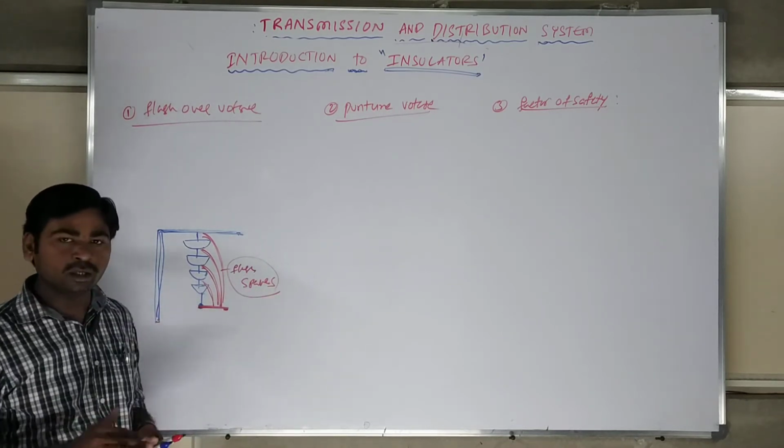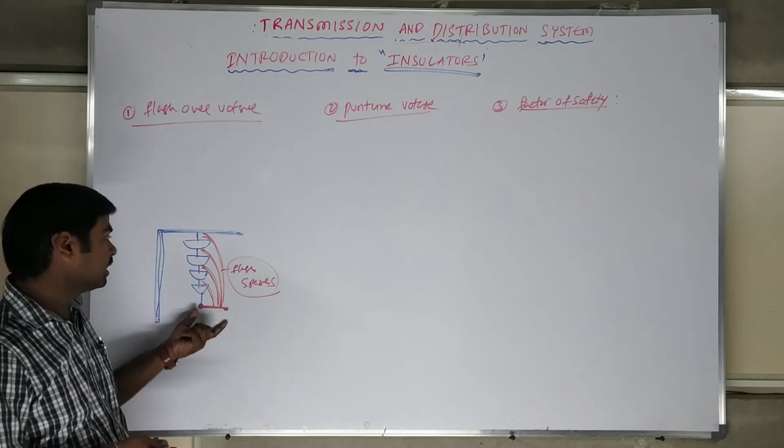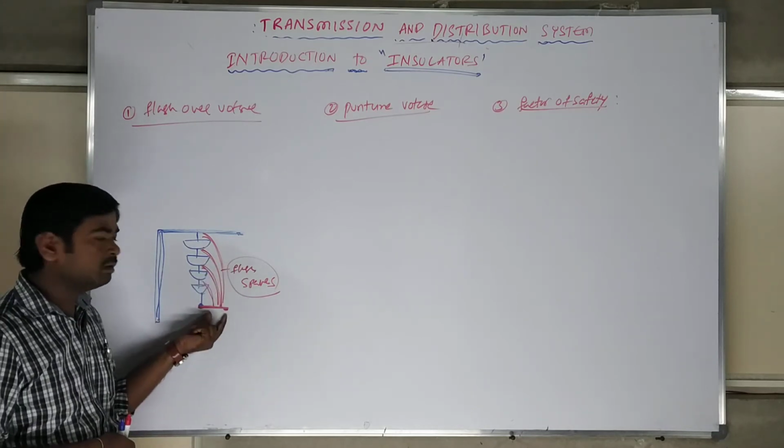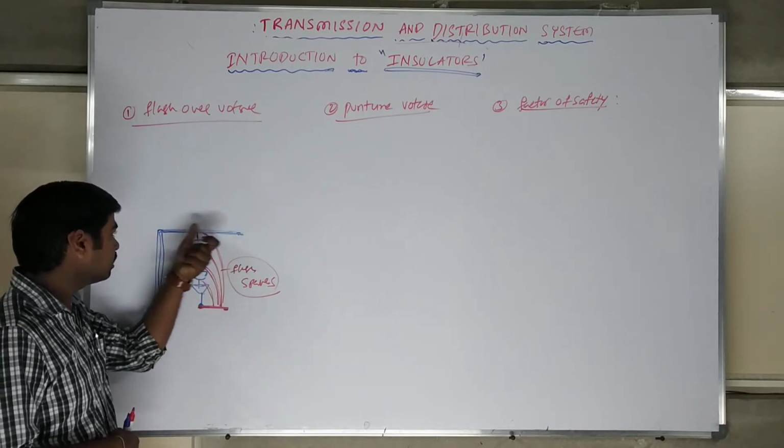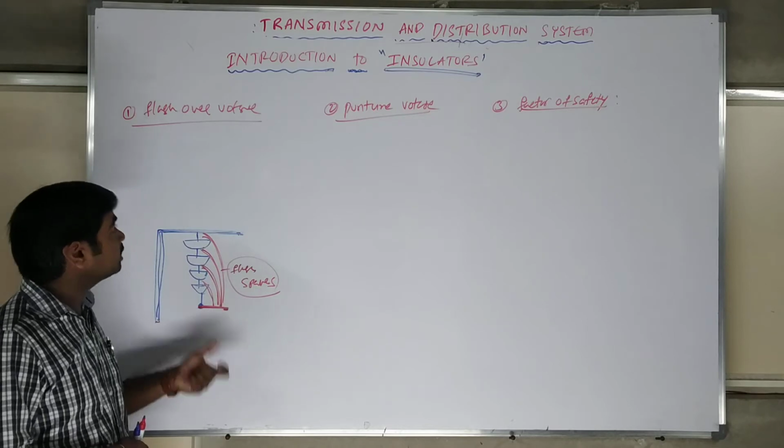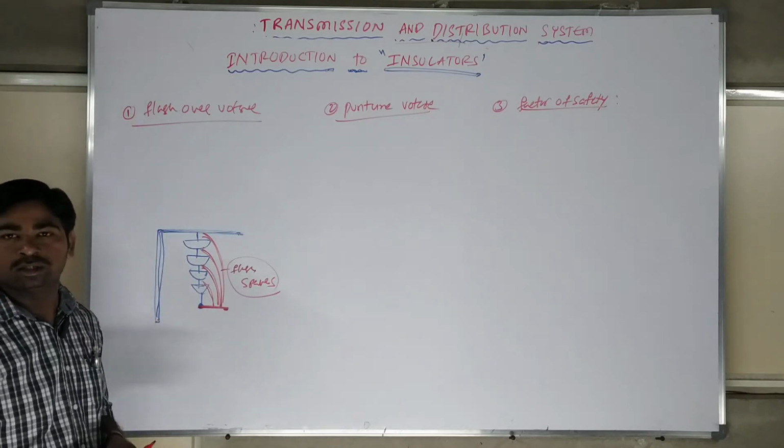The voltage at which the flashes or sparks are created between your line conductor and the insulators, the earthed parts like the cross arms, is called the flashover voltage.